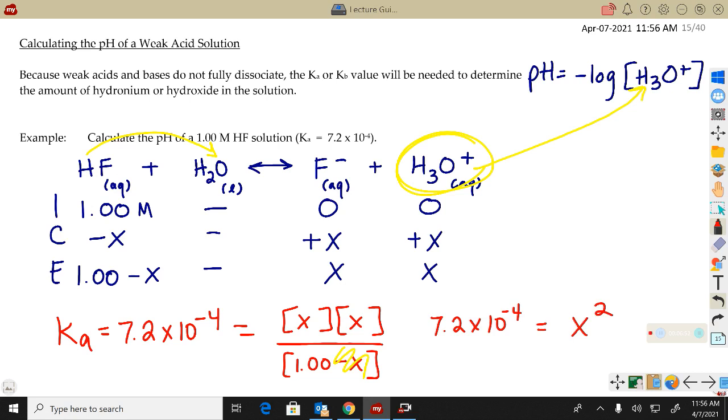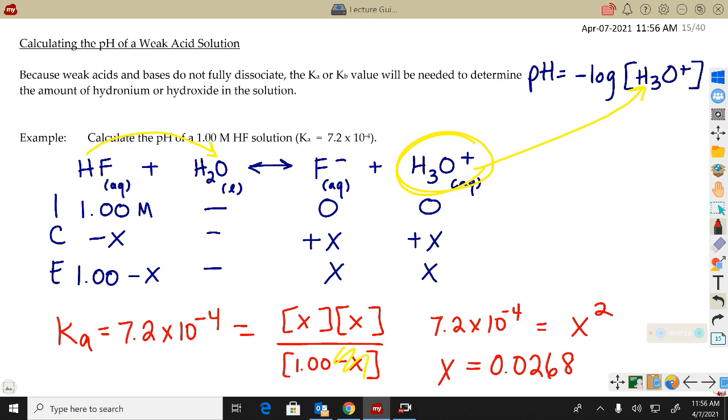So much quicker, right? Nothing against the quadratic equation and FOIL and all that good stuff, but this is so much faster. I've got better things to do today. So I'm going to take the square root of each side. X equals about 0.0268.